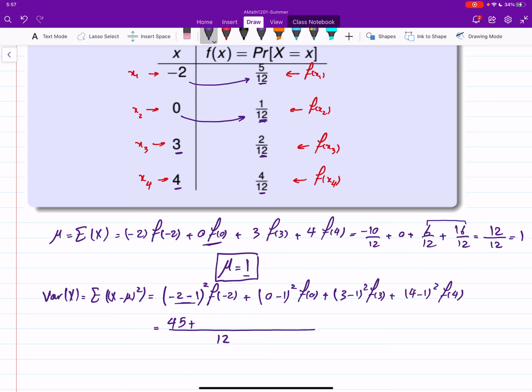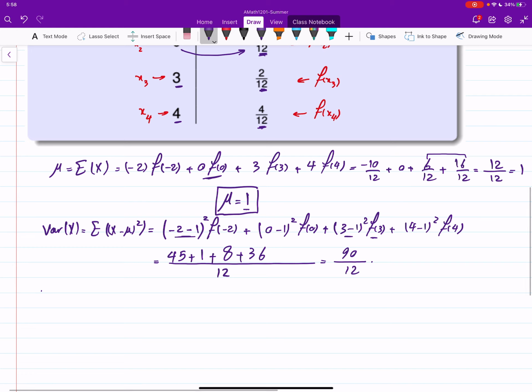So 1 times 1 over 12 is 1. 3 minus 1 is 2, squared is 4, times 2 over 12, which is 8 over 12. Plus 4 minus 1 is 3. Squared it is 9. 9 times 4 over 12 is 36 over 12. And now if we calculate this, this is 45, 46, and then 50, 54, and that's 90 over 12. Okay, I can simplify, but I'll leave it like that.